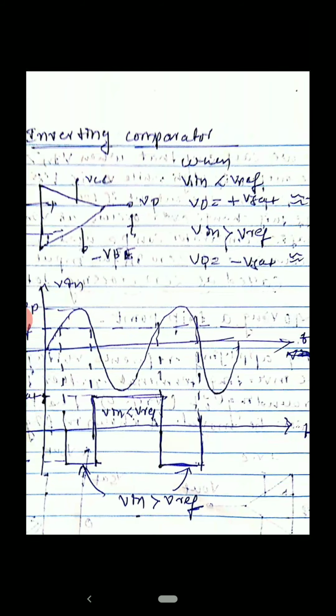So I have already given the hint of how op-amp will be used as a zero crossing detector. Next topic will be the zero crossing detector only. The meaning of zero crossing detector is simple. You are detecting the zero in your input signal. How are you detecting zero?